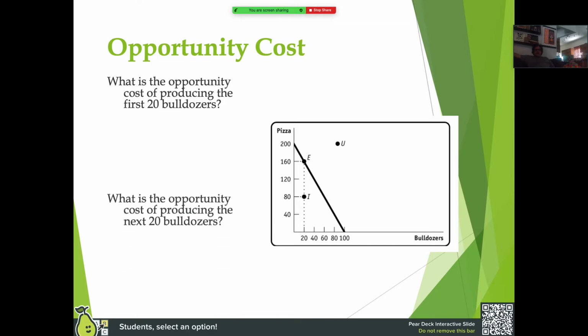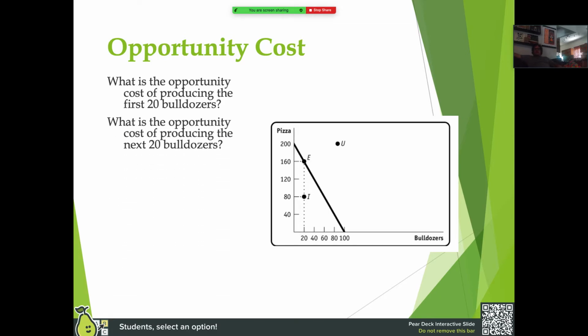Let's look at another one. What's the opportunity cost of producing the next 20 bulldozers? To go from 20, they're producing 160 pizzas. When you go to 40 bulldozers, it looks like maybe they're producing 120 pizzas. So now you're giving up another 40 pizzas.